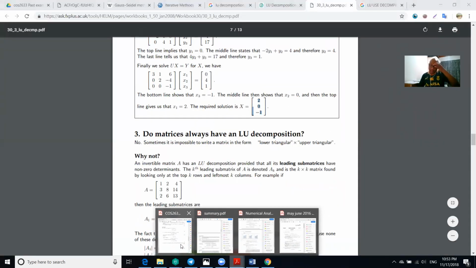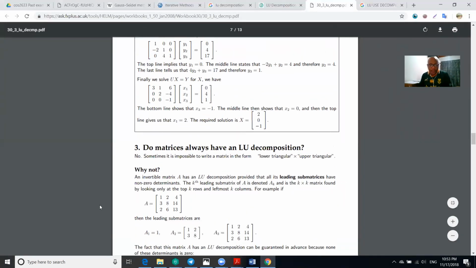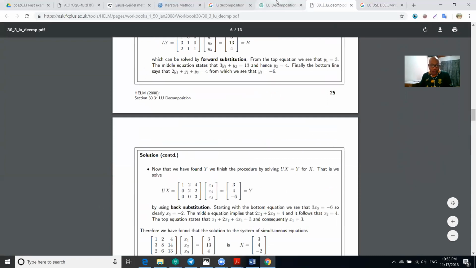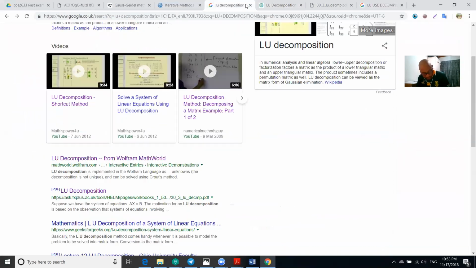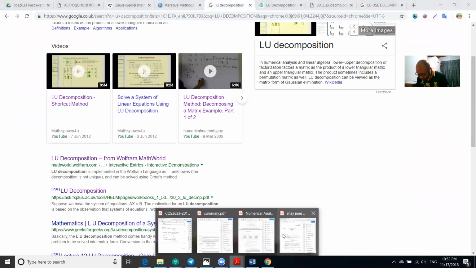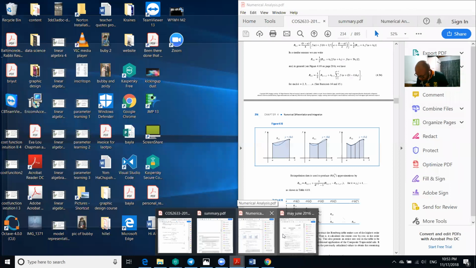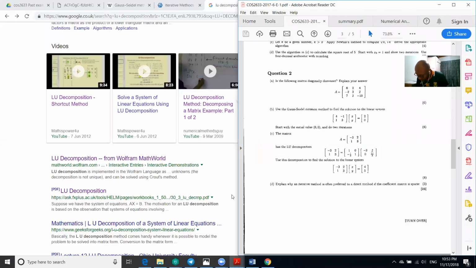So what we can do is equate L, which is 1 over 3 and 0, 1.